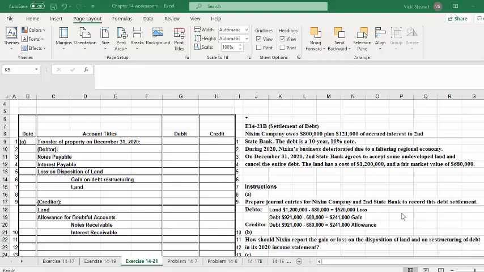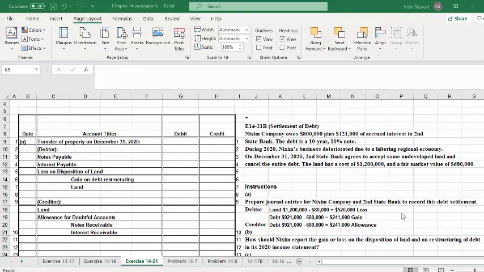However, the bank has agreed to accept the $680,000 land in exchange for a debt that equals $921,000, $800,000 of principal plus $121,000 of accrued interest. So Nixum will also record a $241,000 gain on the restructuring.